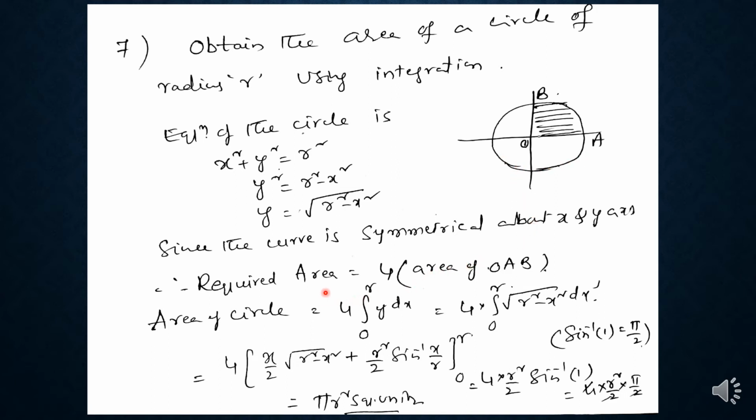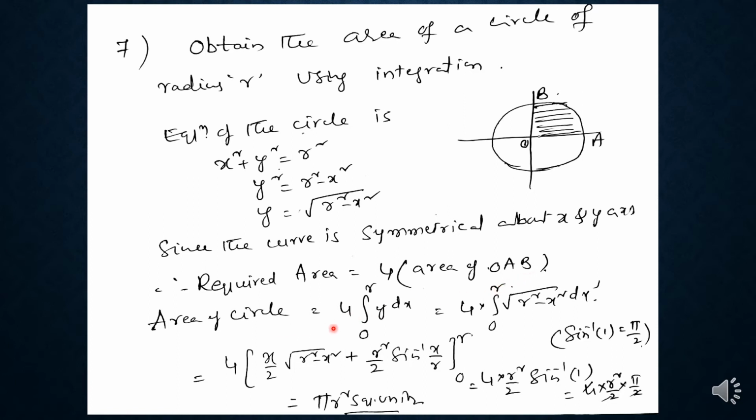So the required area is equal to 4 into the area of OAB, the area in the first quadrant bounded by the circle arc AB and the x-axis.